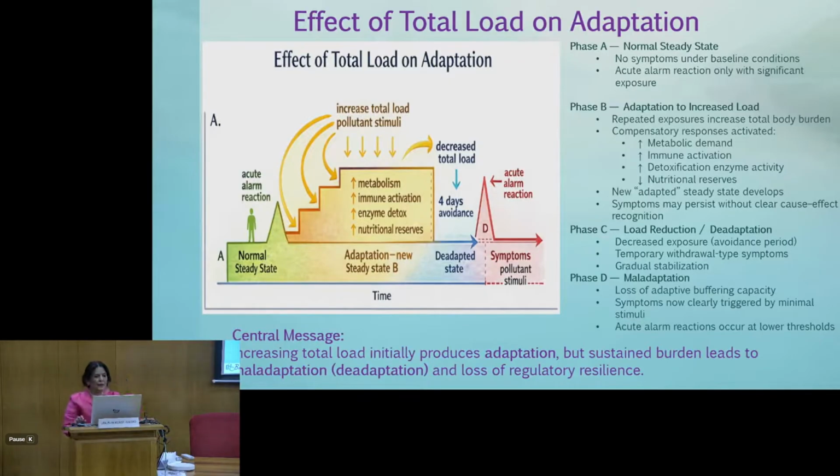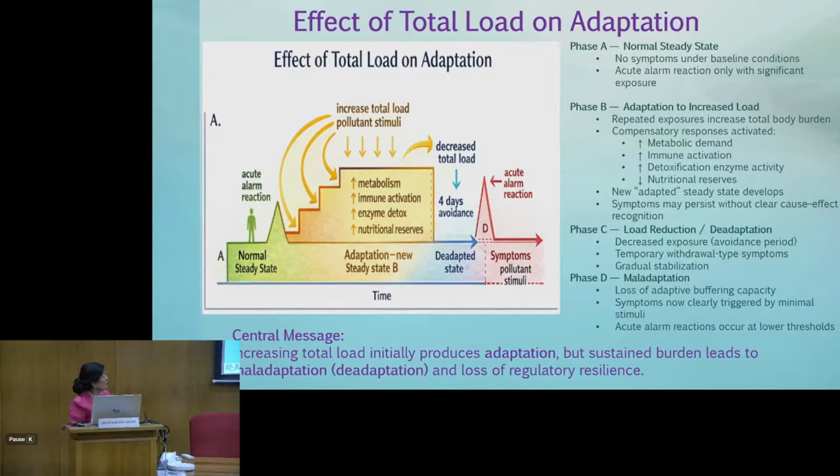And when the detoxification increases, there is an increased utilization of nutrients, like vitamin B6, B12, magnesium, selenium, zinc, etc. And so it results in a new adaptive stage.